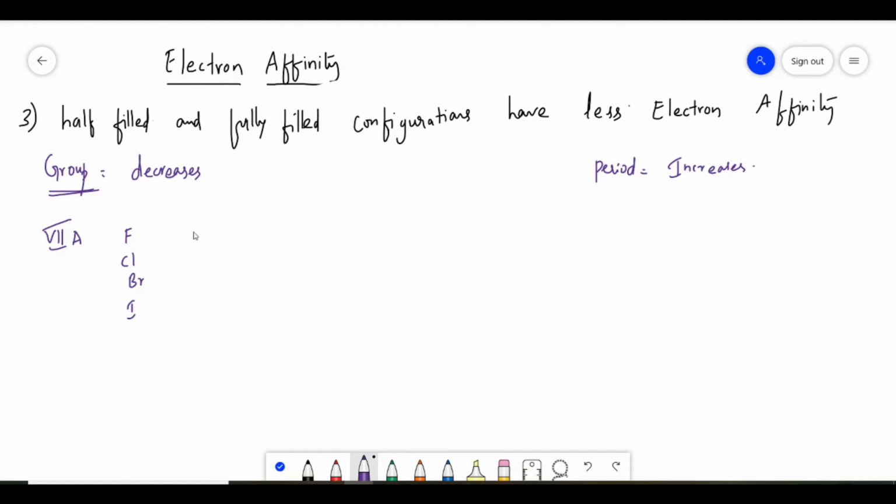The expected order is this, but this is wrong. Fluorine will have less electron affinity than chlorine. Actually, the expected order is fluorine, chlorine, bromine, and then iodine. But the observed is different.